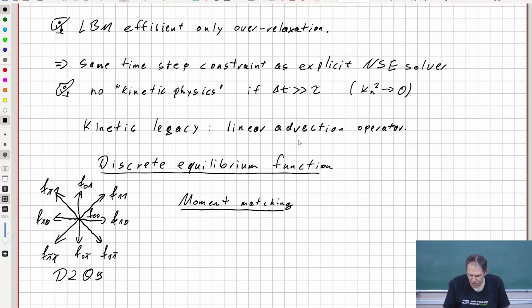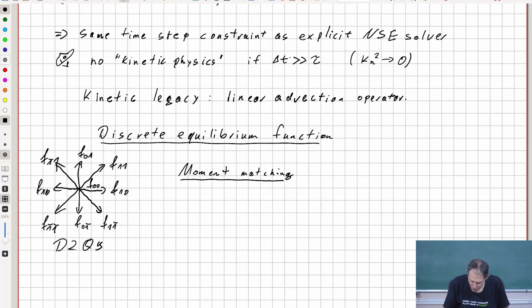So moment matching, reminding you, moments M_ab. Again, this is now getting a little bit repetitive. So we sum from -1 to 1 over i and j, i to the power of a and j to the power of b, f_ij.